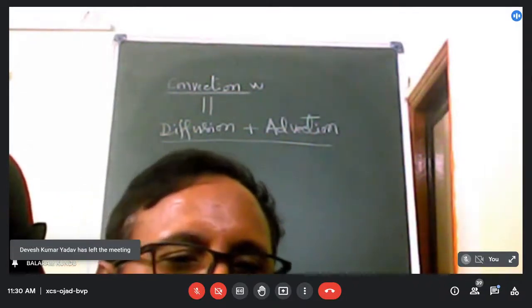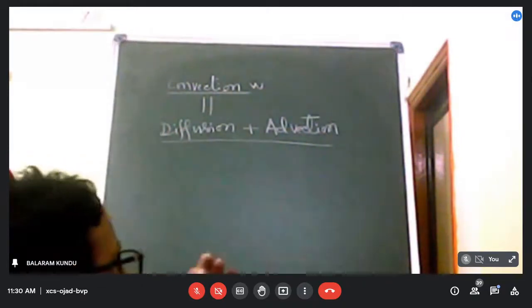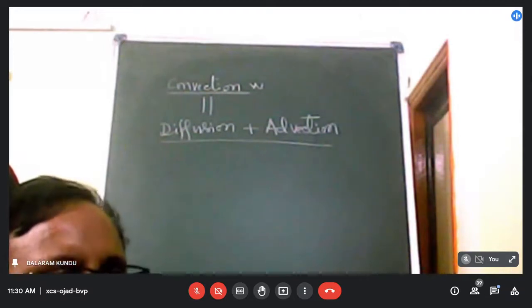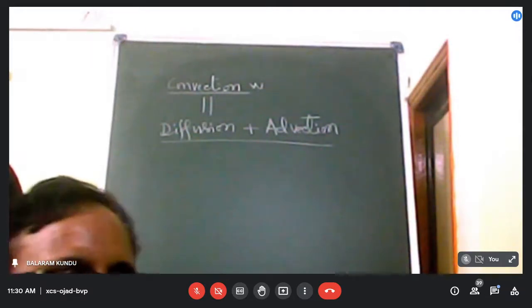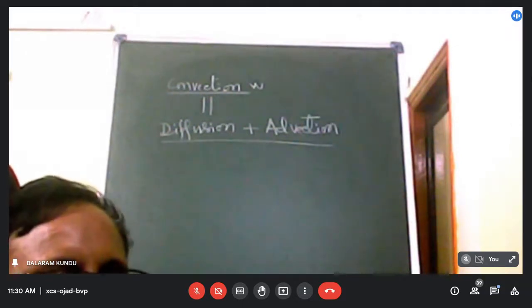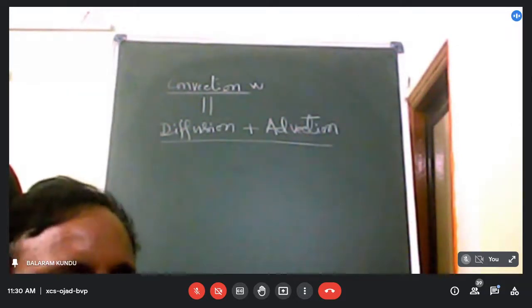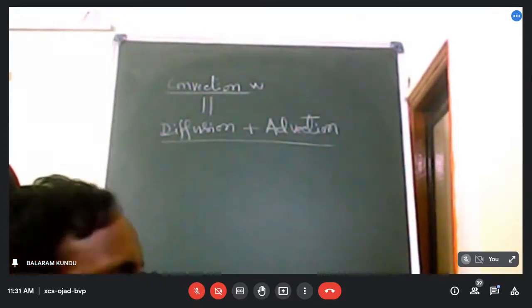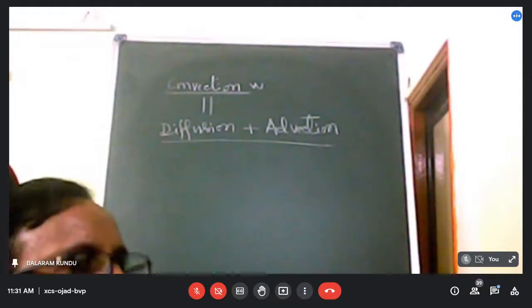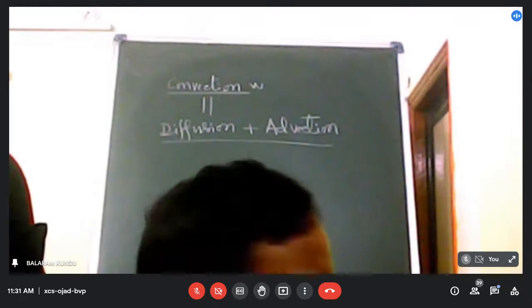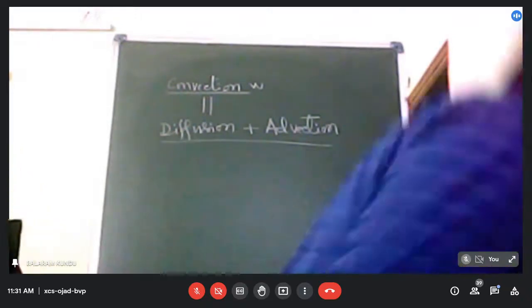If h is known, then everything will be known. Using Newton's law of cooling, we can easily calculate the convective heat transfer rate. You know that Newton's law of cooling.